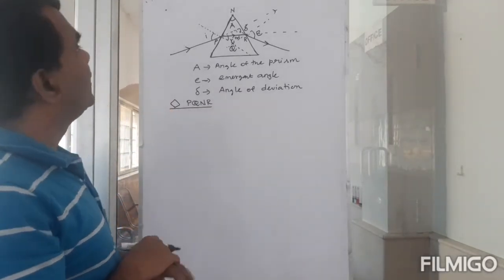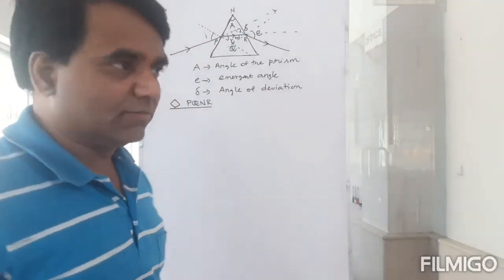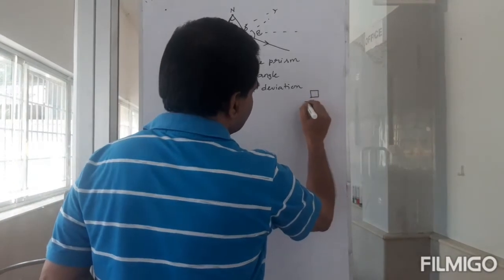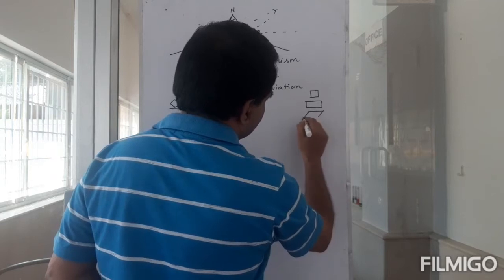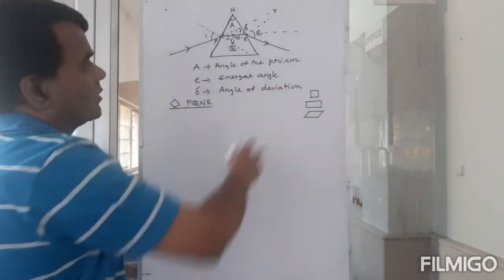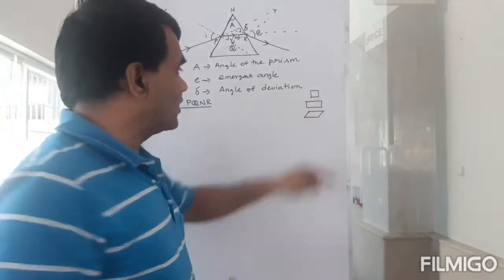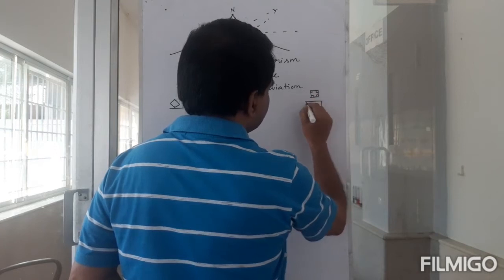What's the total angle in the quadrilateral? It should be 360, whether you take a square, a rectangle or a parallelogram, whatever the shape of the quadrilateral. If we sum all these angles, it should be 360 degrees.